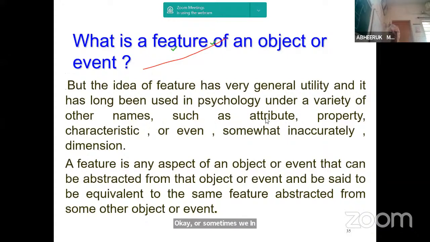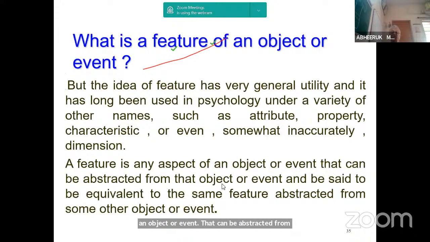These are the different properties of an object. Suppose in a particular group, in a concept, all the objects have some attributes. By that we actually define the concept.